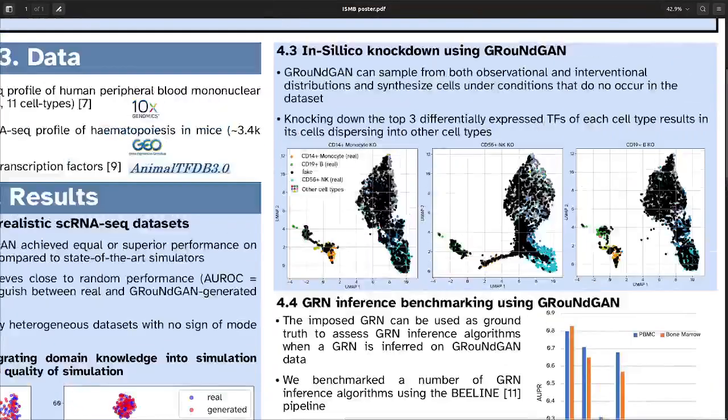So we previously talked about how GroundGAN was a causal implicit generative model, and what that allows us to do is to sample from not only observational distributions but also from interventional ones. And that allows us to generate samples under conditions that do not naturally occur in the dataset. And an example of that is in silico knockout experiments, and various other perturbation experiments.